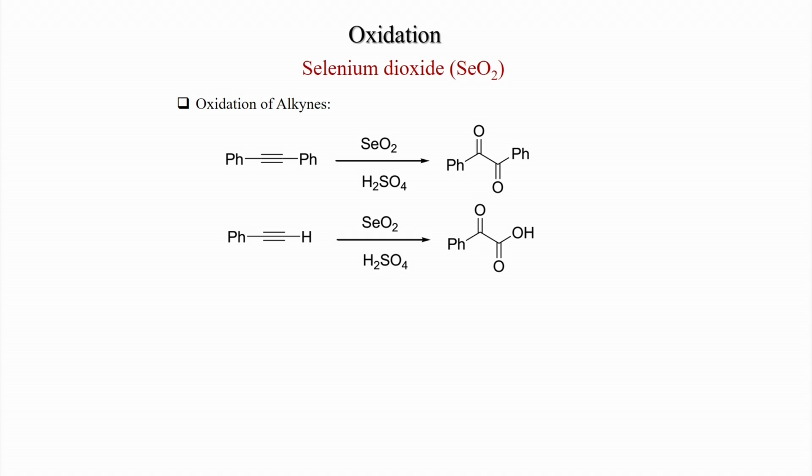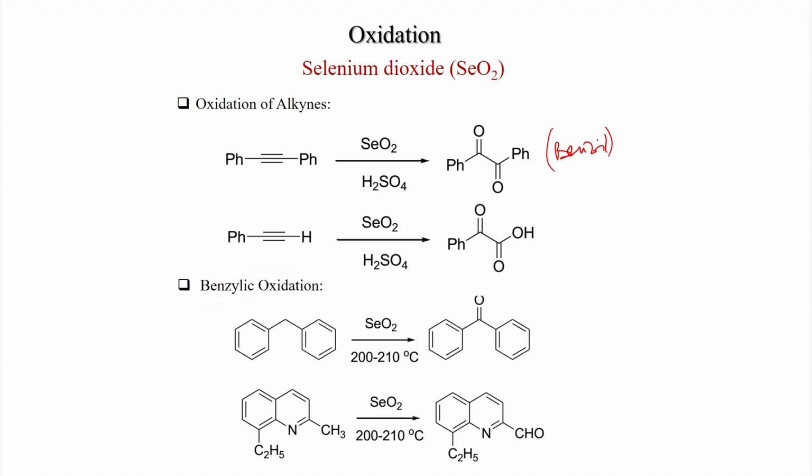Selenium dioxide has also been used for oxidation of alkynes, like this compound is converted to benzil with selenium dioxide and H2SO4. Also phenylacetylene is converted with selenium dioxide and H2SO4 to the keto carboxylic acid. Benzylic oxidation can also be performed with selenium dioxide, only you need very high temperature, 200 to 210 degrees centigrade.